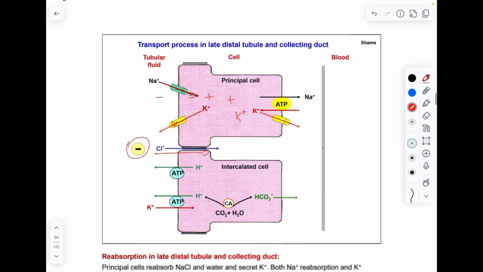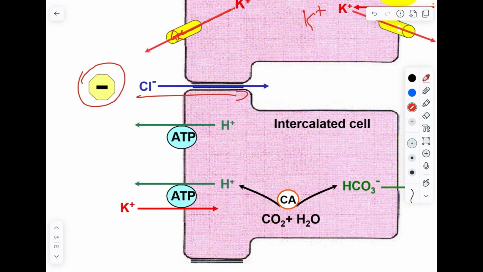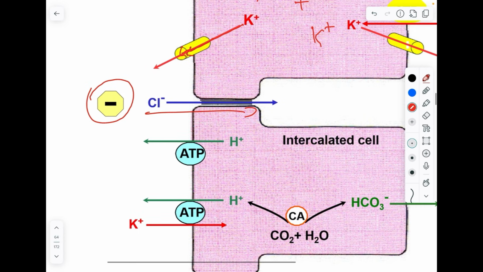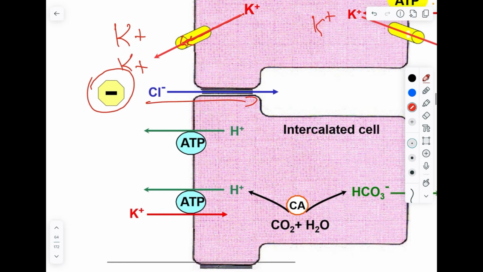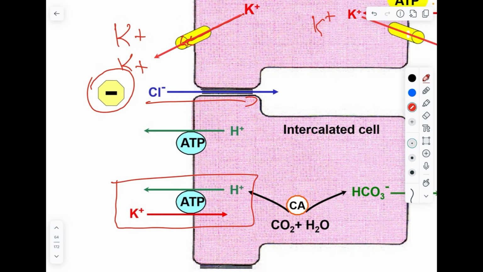Just last thing to note here is this. As I said, we do not have here a sodium hydrogen antiporter. This potassium that's going out of the cell, it will be too much if we secrete too much potassium. If we do not want to lose potassium, what do we use? We use this pump.